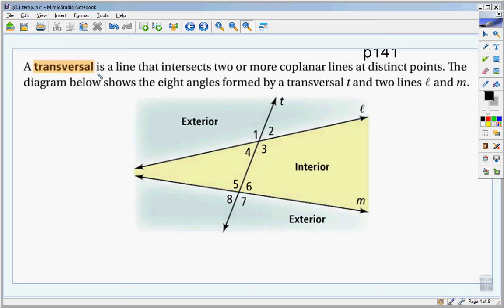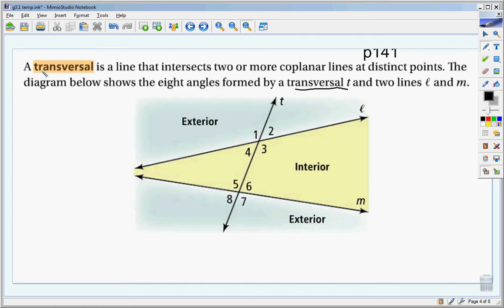A transversal is a line that intersects 2 or more coplanar lines at distinct points. So, this line that's here, line T, is a transversal because it intersects L and M at 2 distinct points. And they're all on the same plane. They're all coplanar.